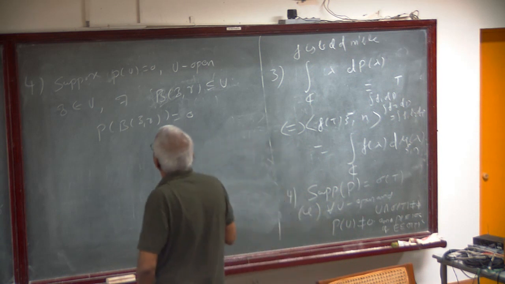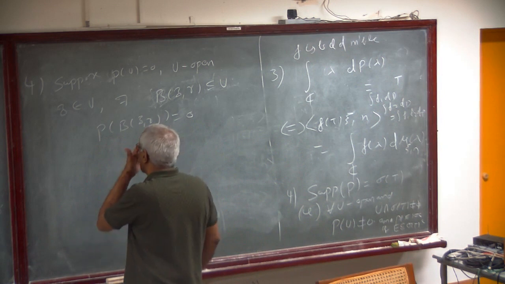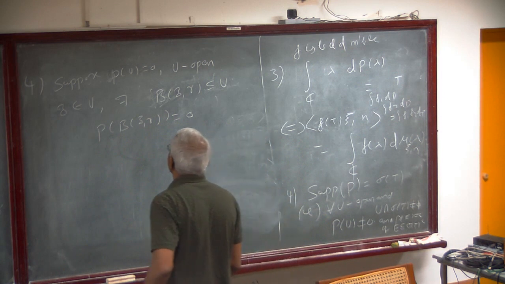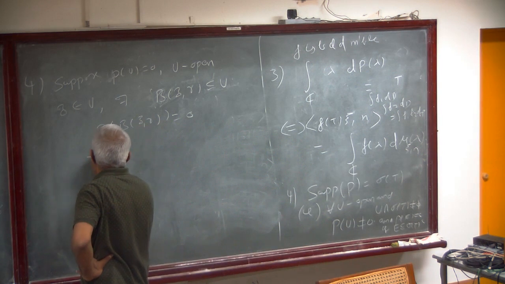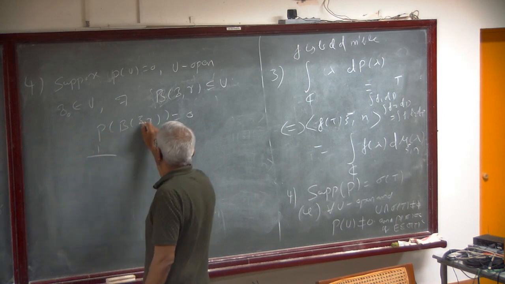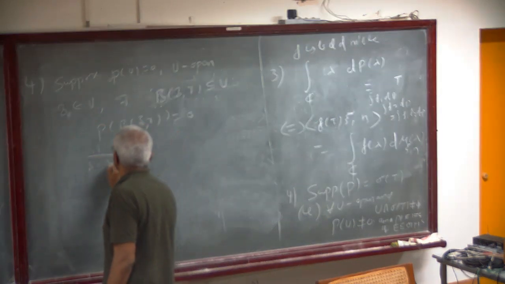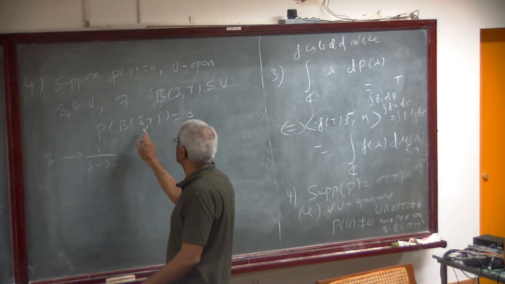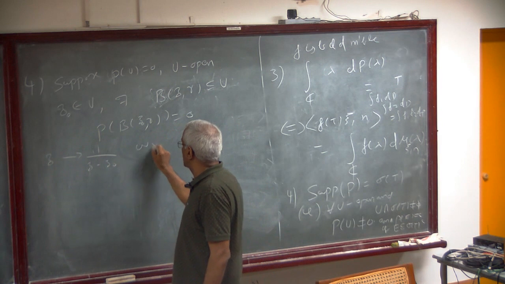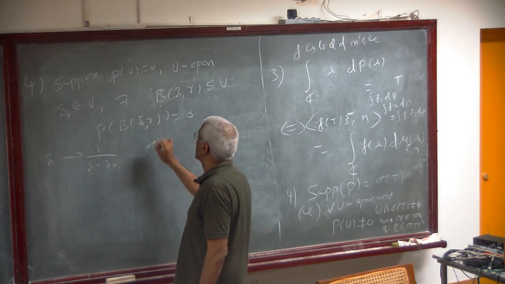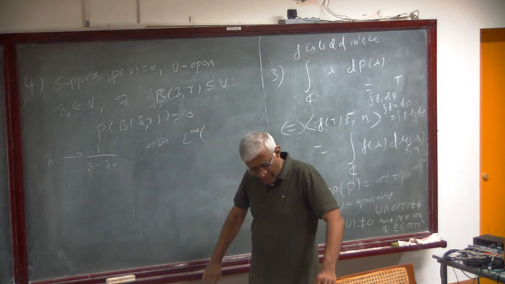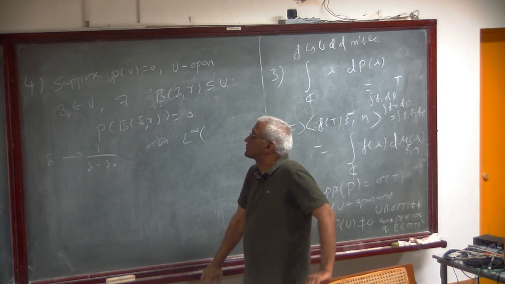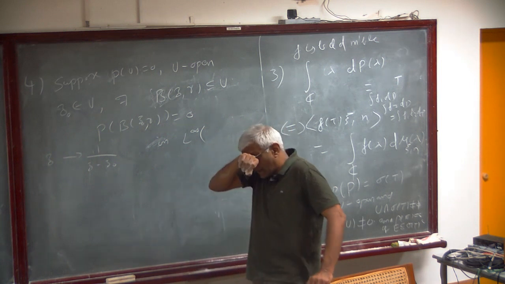In particular, this function 1 by z minus z naught, where z naught is arbitrary, is well defined in L infinity with respect to mu.